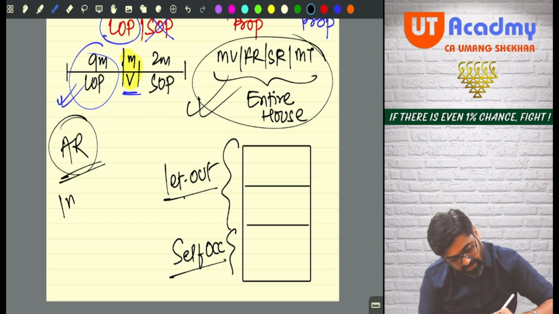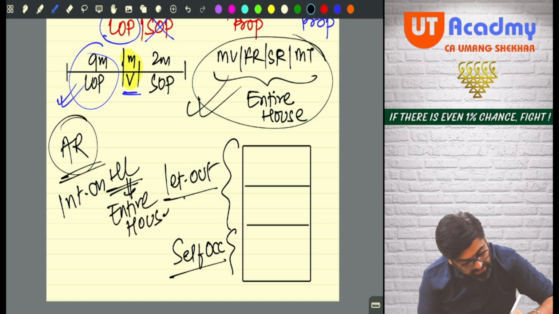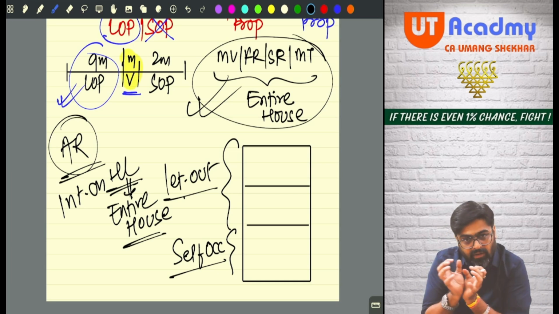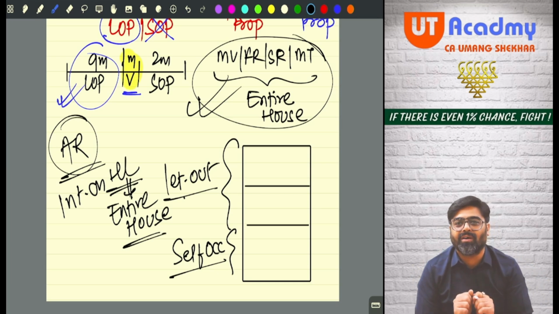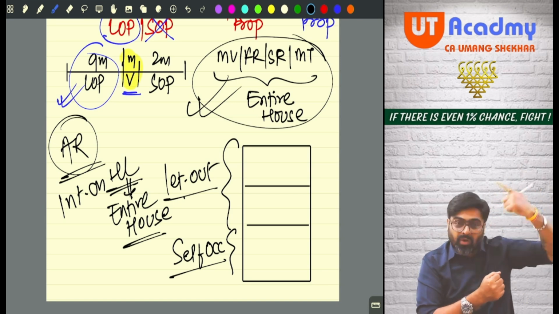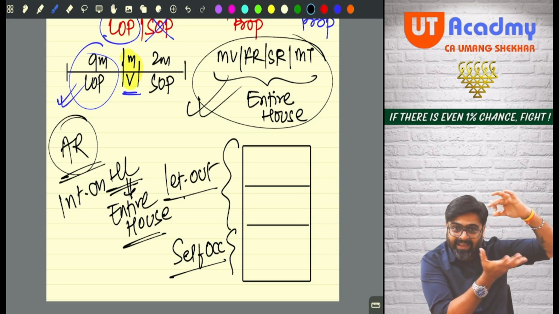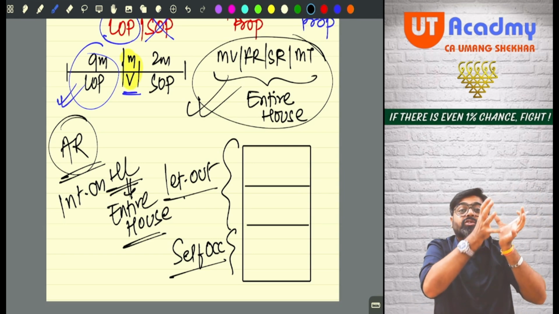What about interest on housing loan, sir? Interest on housing loan, and the loan was taken for entire house. It was not taken for a particular section. If the loan is for entire house purchase, to construct the entire house, or for repairing the entire house, then the loan relates to the entire house.